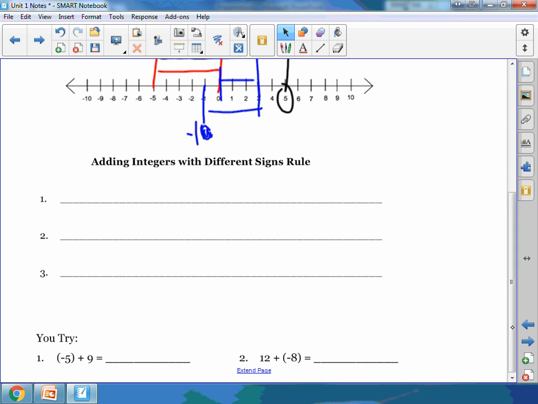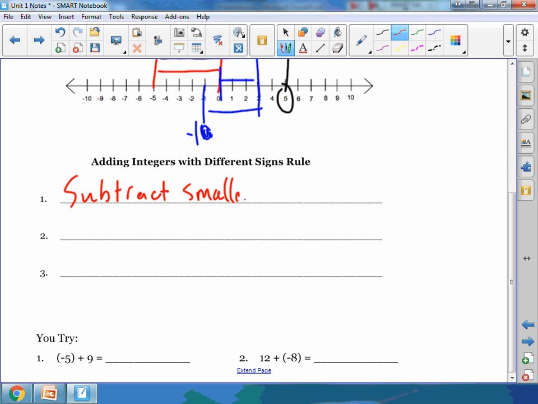So let's get down here and let's write this rule out. And I'm going to write it in a way that, again, if your way doesn't fit this exactly, then that's okay. You don't have to use it that way. I'm going to first say subtract smaller absolute value, and I'm going to abbreviate AV, from larger absolute value.